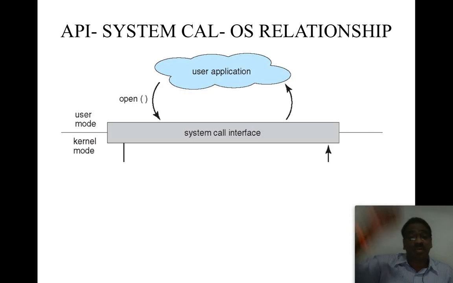In the beginning itself I told you, whenever you develop the click on Open in MS Office, the Open inbuilt function is there in Microsoft. Whenever that is executed, that will be compatible with the operating system files.